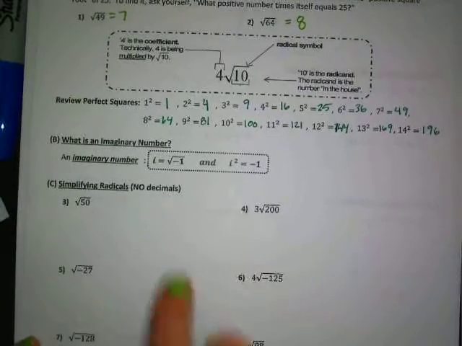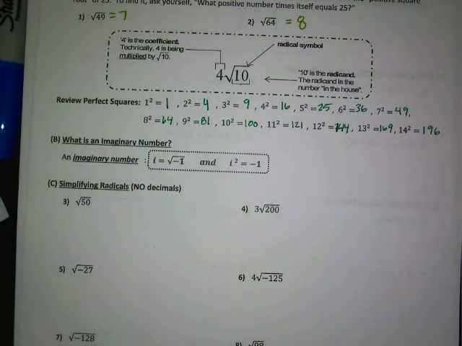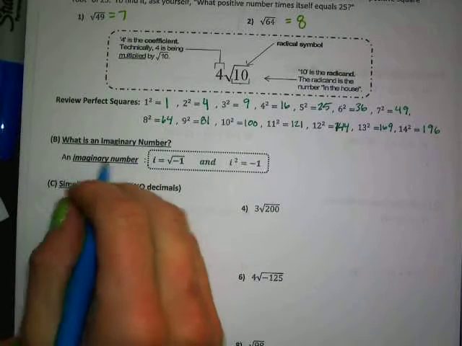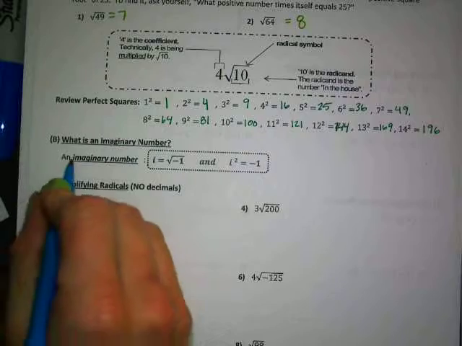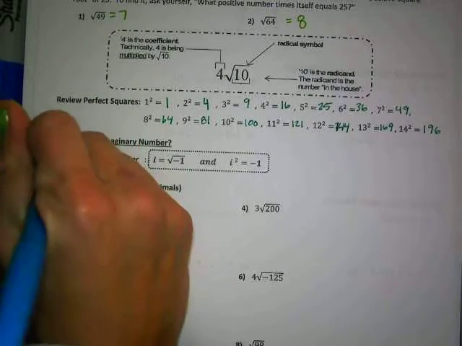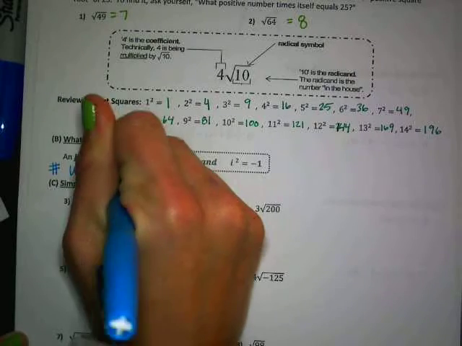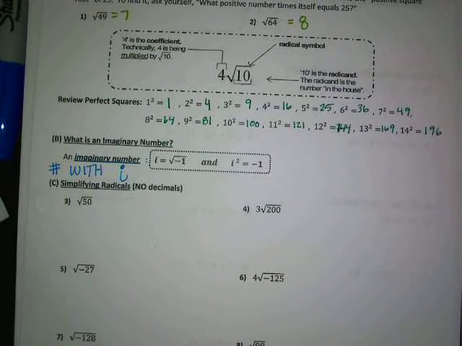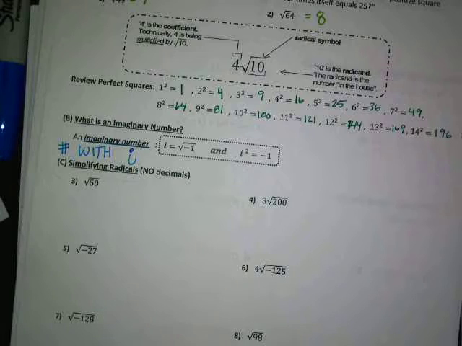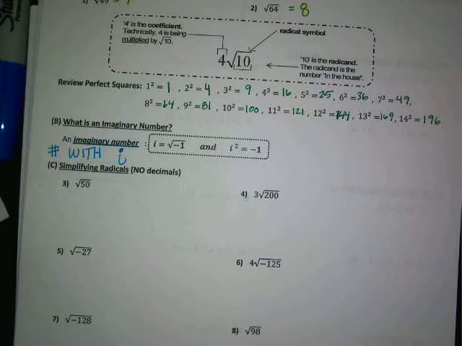All right, one other thing we want to talk about is the I. Any number with an I is called an imaginary number. All right, so an imaginary number is a number with an I. And the term imaginary number is just how you would classify that number.